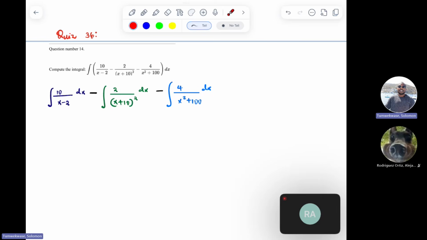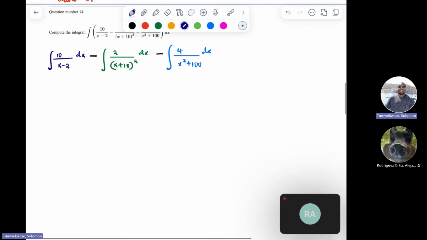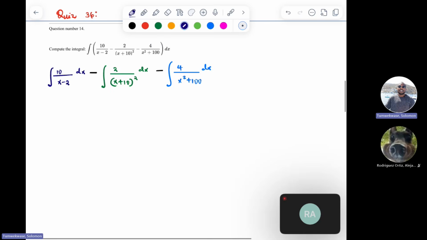Okay, so my first integral, I'm going to do them separately. So my first integral is this integral here in dark blue. So this is the same as 10 outside, then 1 over x minus 2 dx.